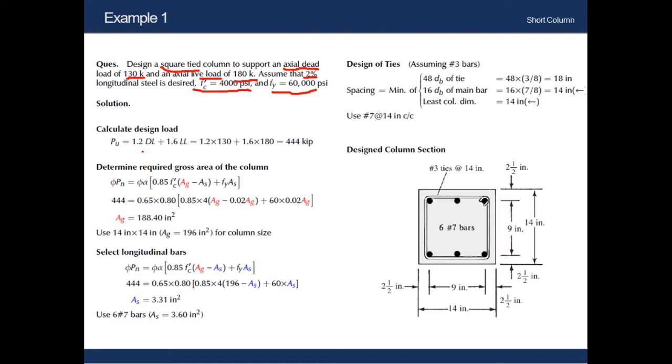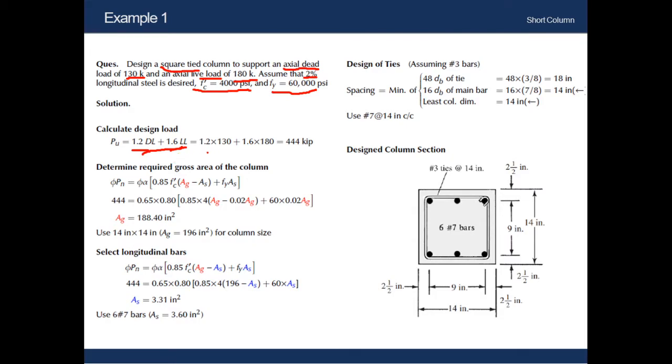In USD method, that means ultimate strength design, that we have discussed in our previous class, we need to factorize the load. Here we are using the USD method. So in order to adopt some factor of safety, we are factorizing the dead load with 1.2 and live load with 1.6, and this factorizing equation has been taken from the BNBC guideline.